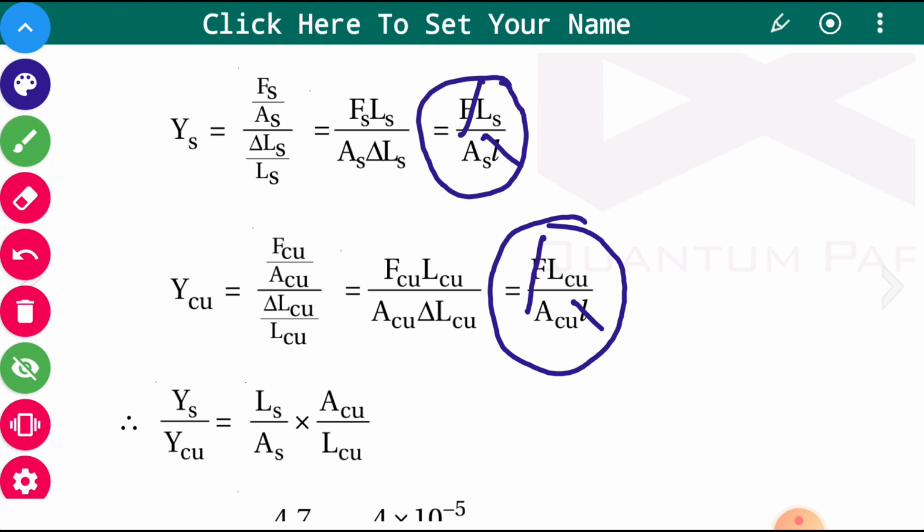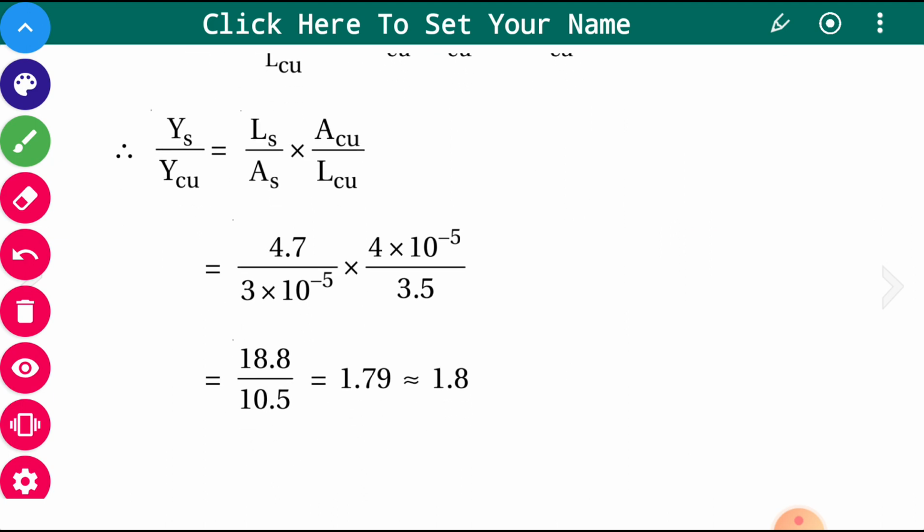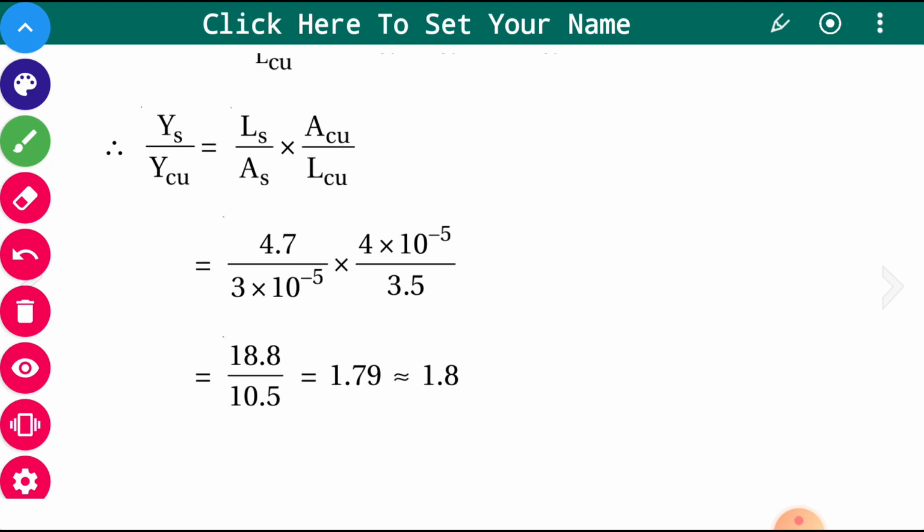So you will have length of steel upon length of copper, and in the numerator, area of copper upon area of steel. Just place the values, which are already given, and you will get the ratio of Young modulus of steel to Young modulus of copper. It is found to be about 1.8.